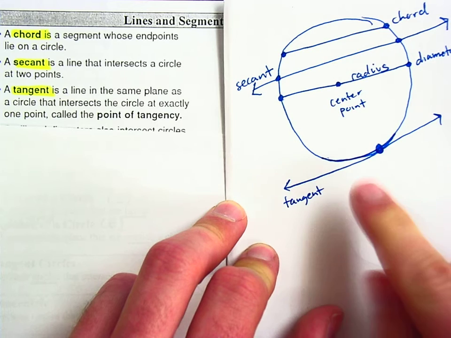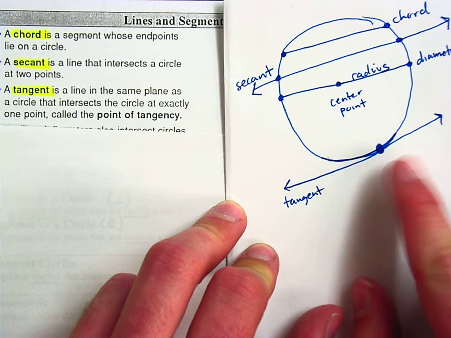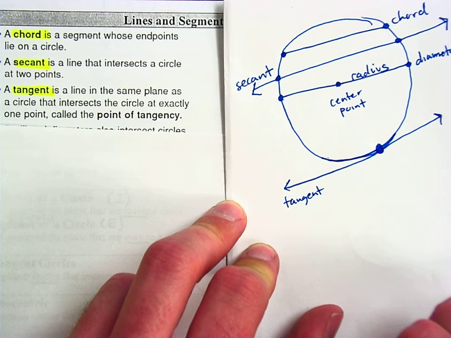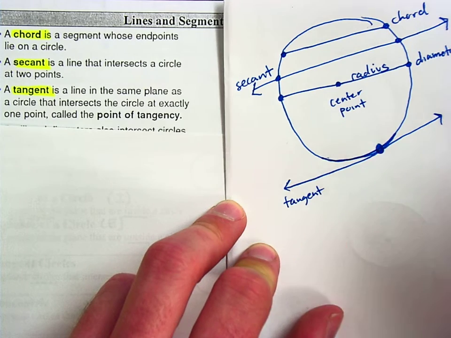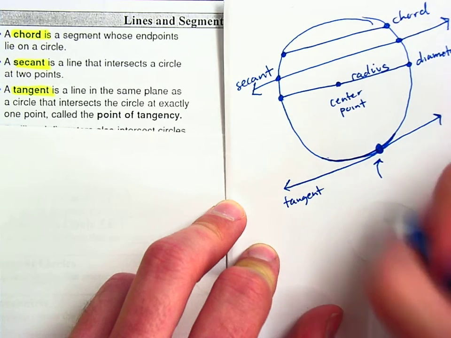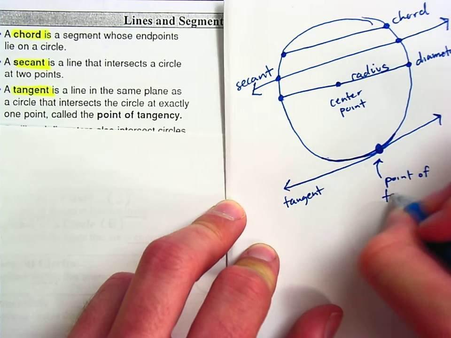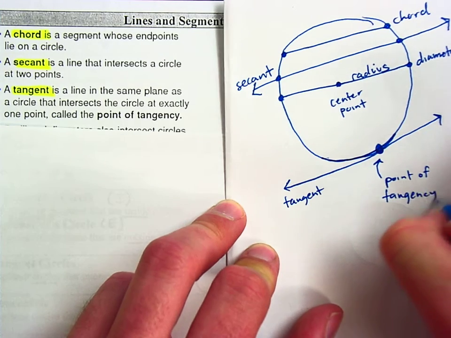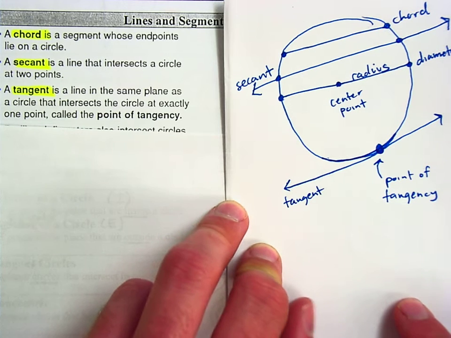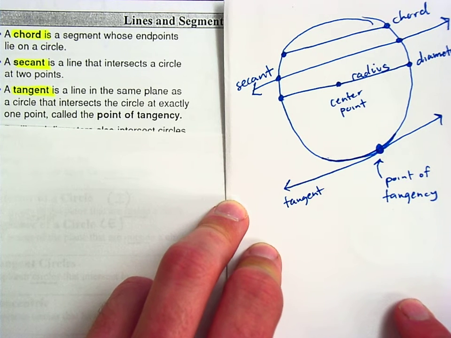And notice that the tangent is a line, and it's always going to be on the outside. It'll never be inside the circle. And where it intersects right there, that's going to be called the point of tangency. And we just kind of took that word tangent and turned it into an adjective, kind of.